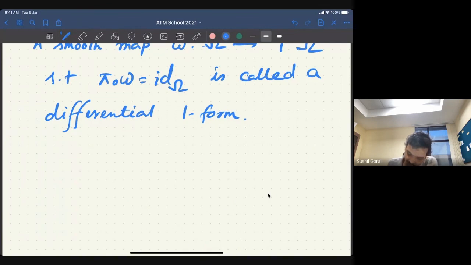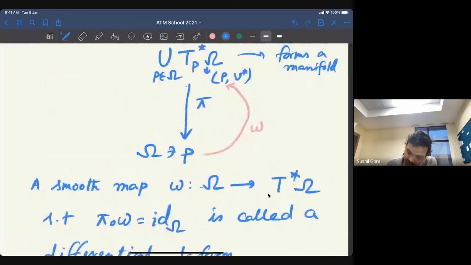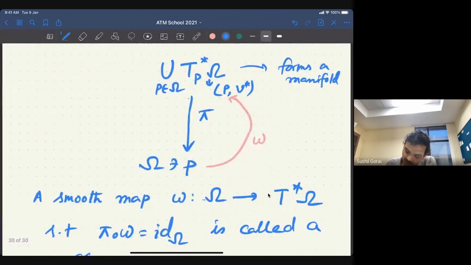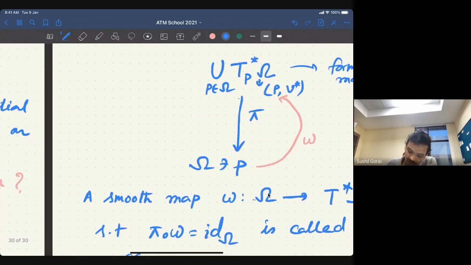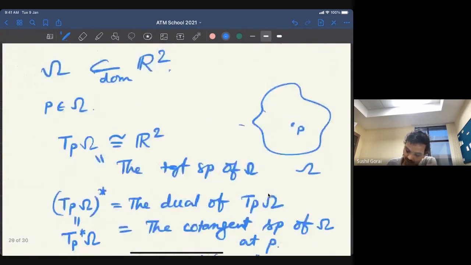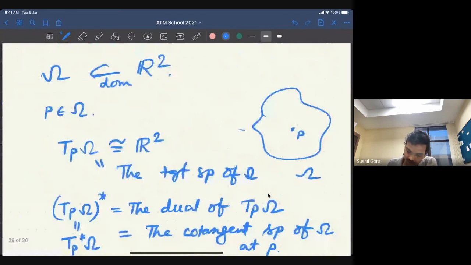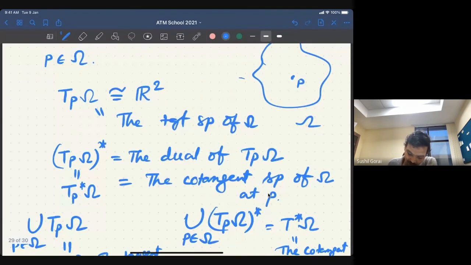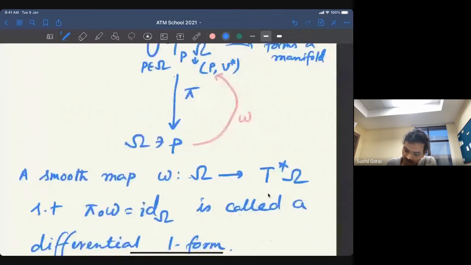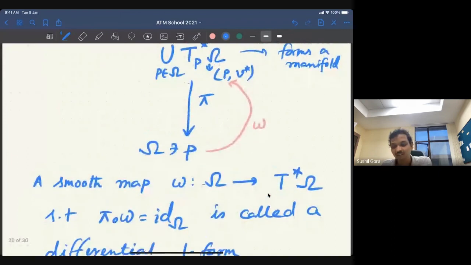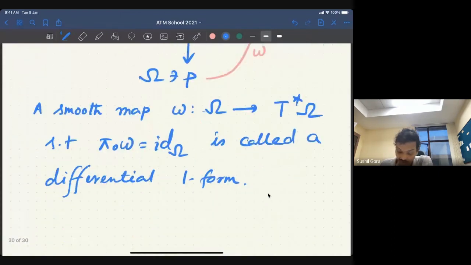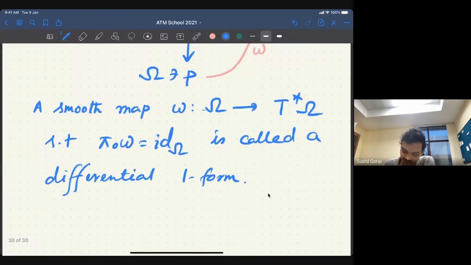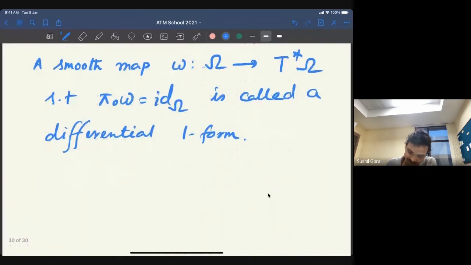So the point is, each tangent space T_P of this one is actually isomorphic to R2, as I said, right? The dual will also be isomorphic to R2. So you will have two components, which is nothing but P and Q, in the sense that P dx plus Q dy.